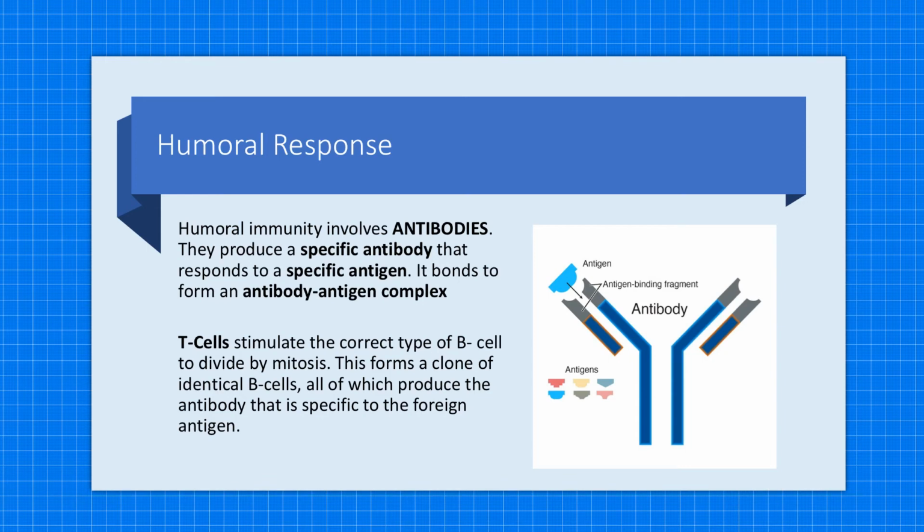It bonds to form what we call an antibody-antigen complex. To begin with, in the humoral response, T cells stimulate the correct type of B cell to divide by mitosis, and this forms a clone of identical B cells, producing many millions of B cells, all of which produce the antibody that is specific to the foreign antigen.